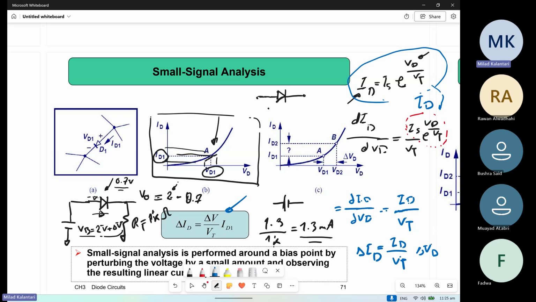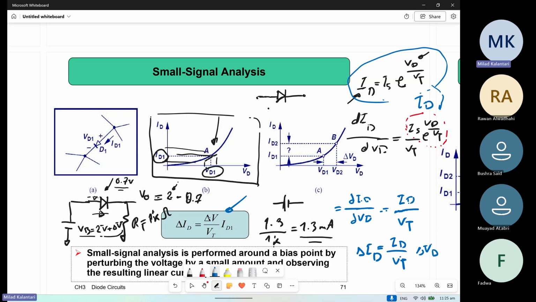At that region, you know that the variation of the current of the diode has some ratio to the variation of the voltage of the diode, right? Means if the current of the diode is varying, then the voltage of the diode also is varying, right?